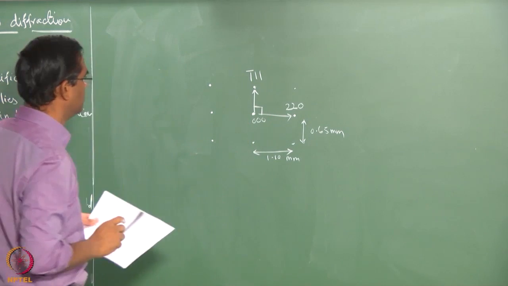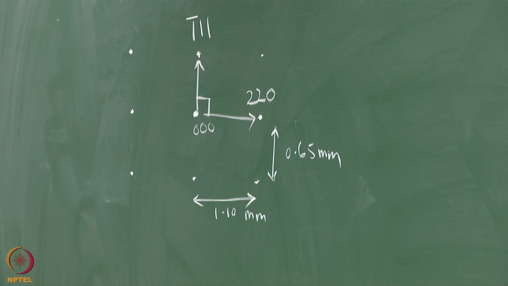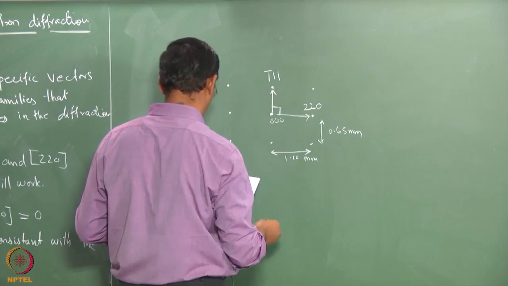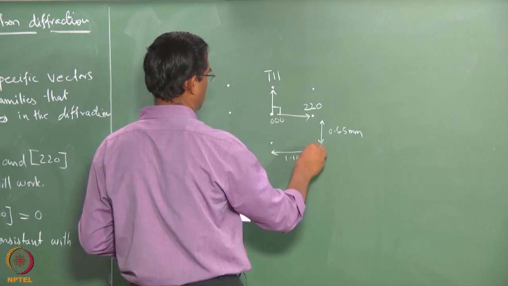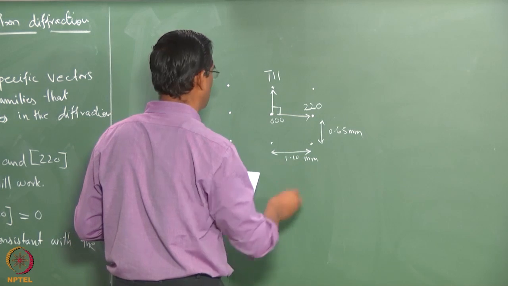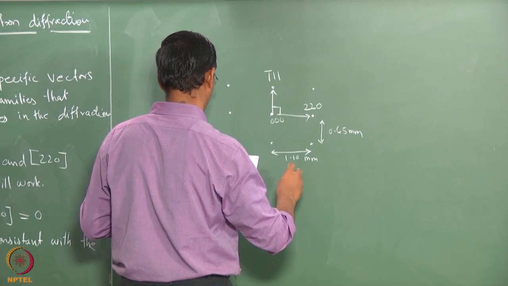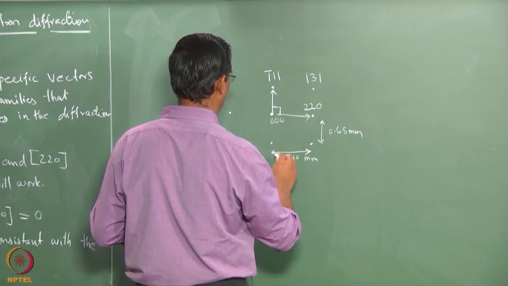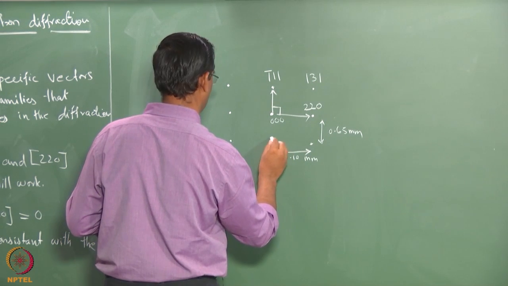That is what we have found from this relation, and now we can fill up the rest, because other spots are linear combinations of these two vectors.